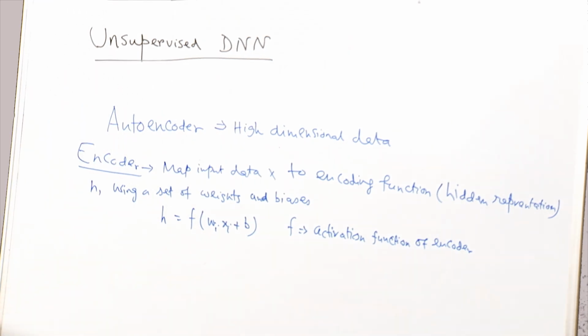And the neural network component that reverses this encoding function is called a decoder.